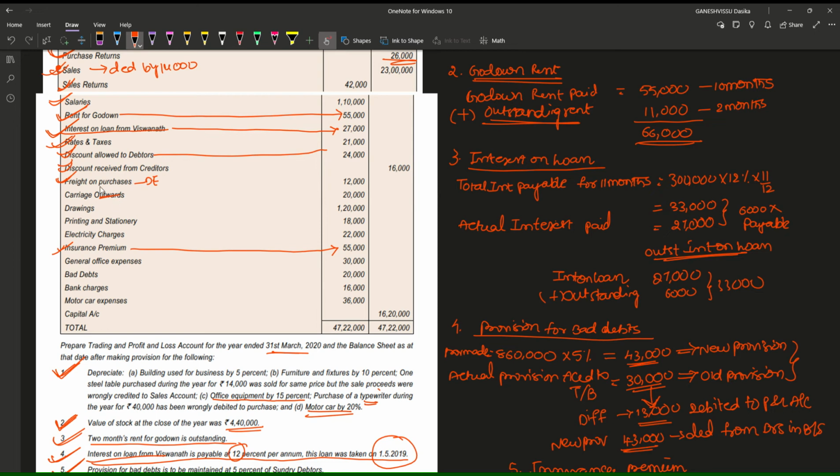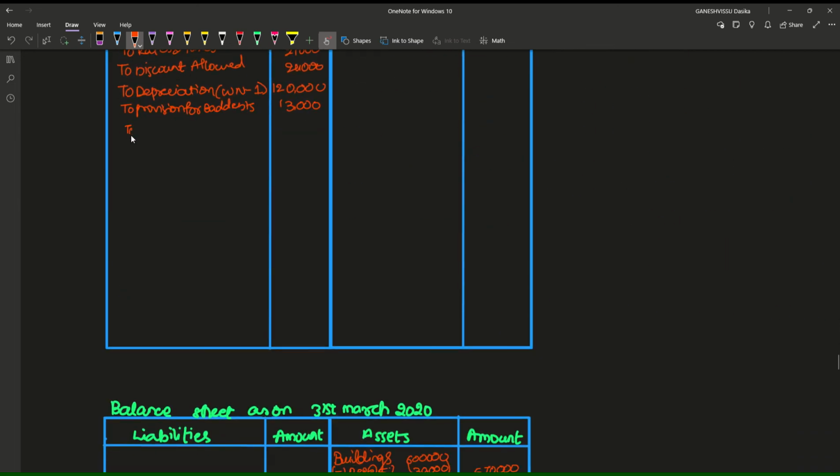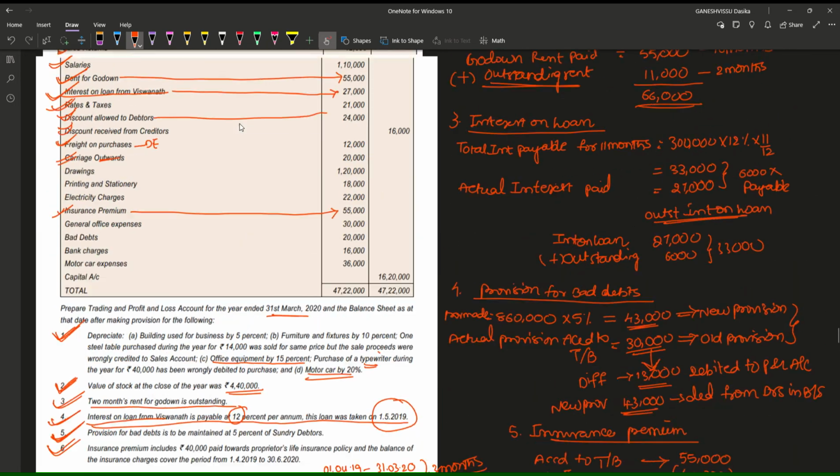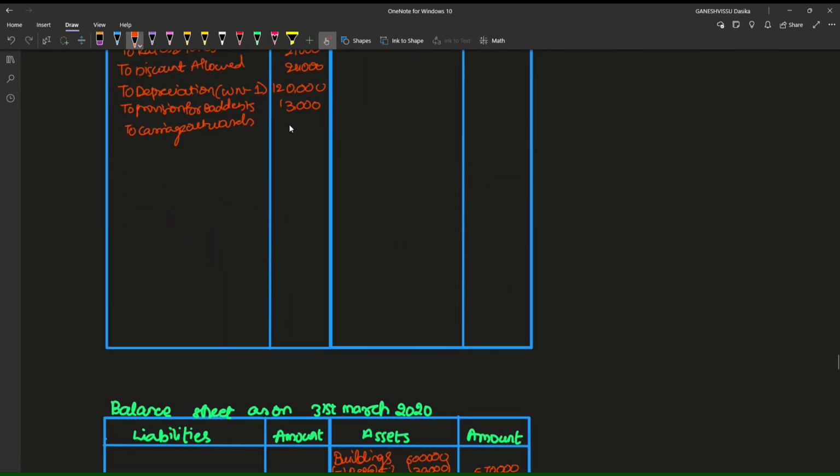As this is carriage outwards, we need to write it in the profit and loss account. Right, carriage outwards, which is 20,000 rupees. So to carriage outwards, 20,000 rupees. Correct.